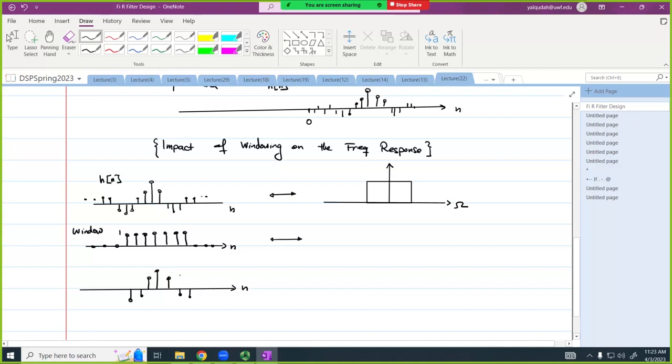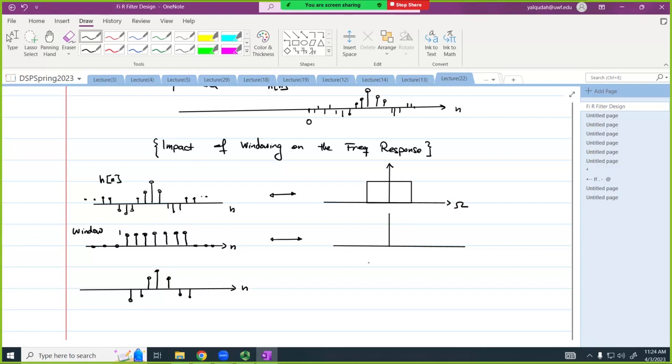Yes, I can use the convolution. So I'm going to take this window. What is the frequency response of a window like this? A sinc in the time domain gives me a rect. A rect in the time domain, what is it going to give me?